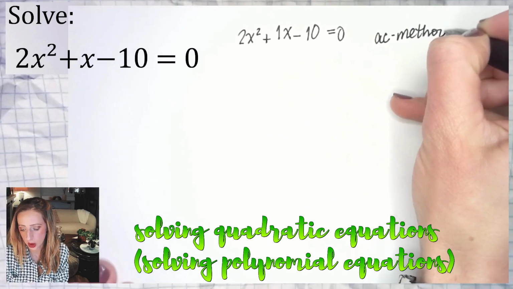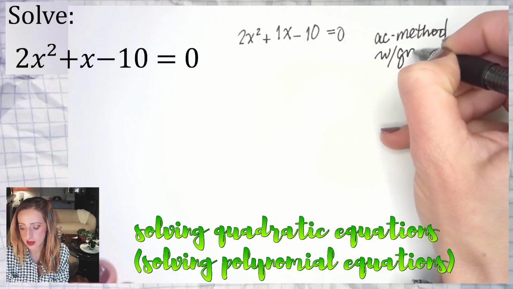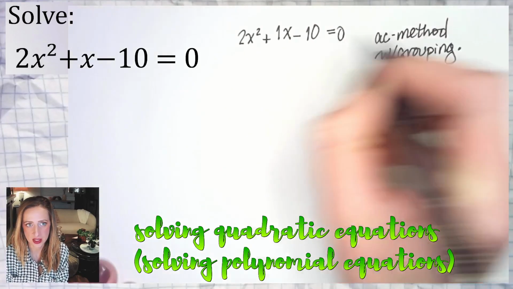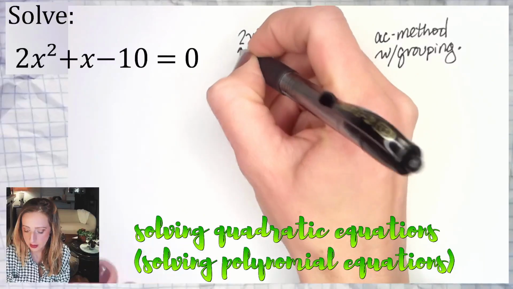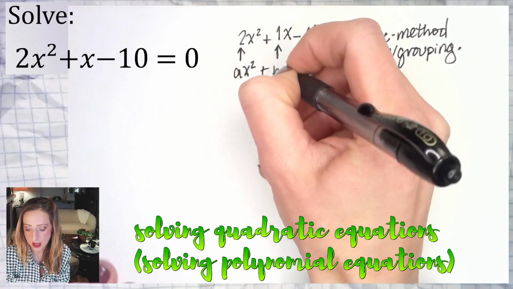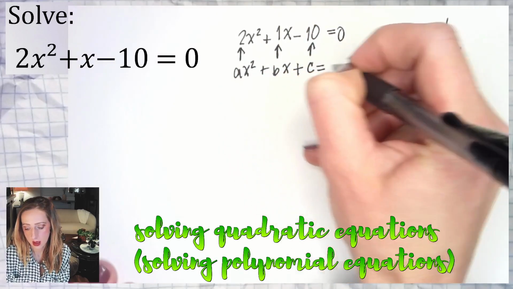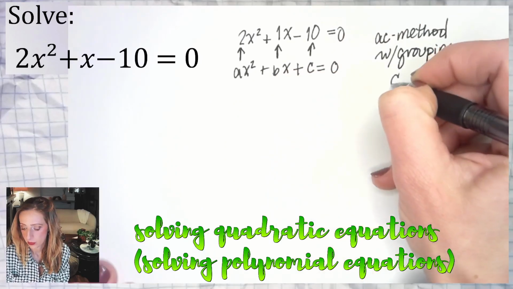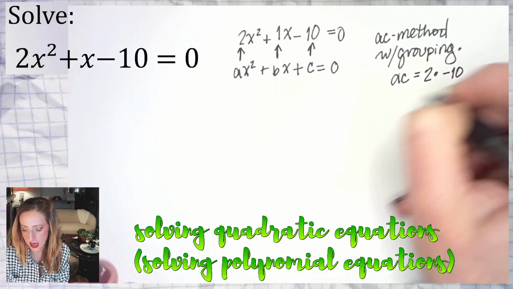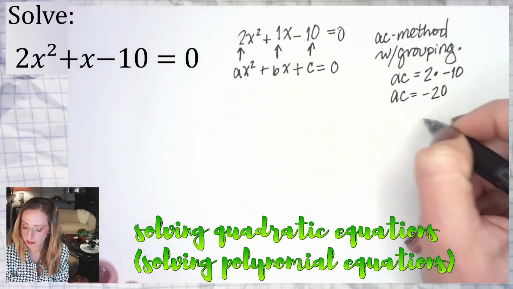So that means we're going to identify the product of A and C. We're going to find the product of AC, Ax squared plus Bx plus C equals 0. A times C in this case is 2 times negative 10, which means, I'm just showing a lot of steps here, we get negative 20.